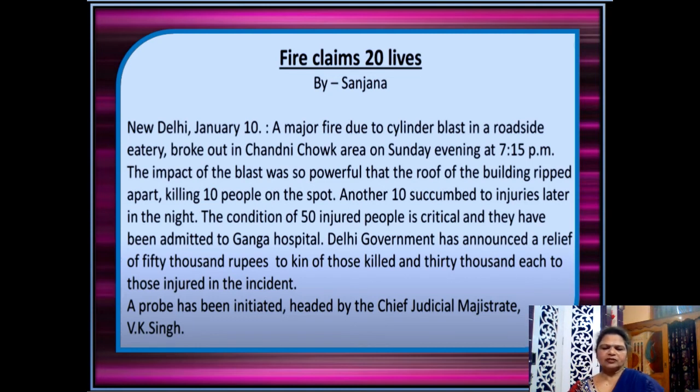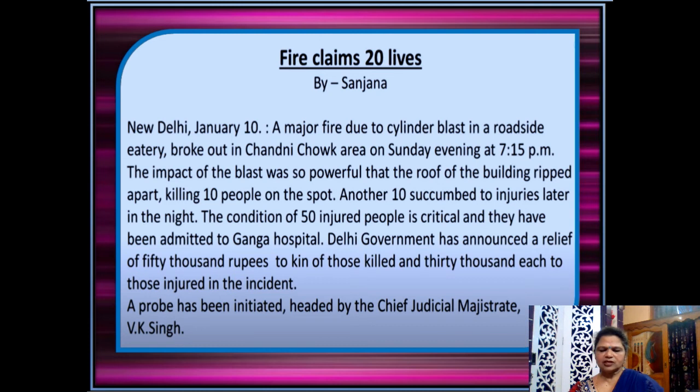So I'm reading it out. New Delhi, January 10. A major fire due to cylinder blast in a roadside eatery broke out in Chandni Chowk area on Sunday evening at 7:15 p.m. The impact of the blast was so powerful that the roof of the building ripped apart, killing 10 people on the spot.